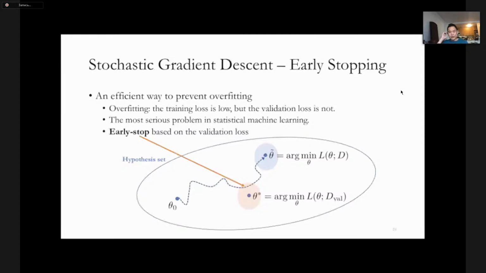And then the idea of early stopping is very straightforward in the sense that we have a gigantic hypothesis set, and we're solving the problem of finding one point in this infinitely large hypothesis space by using a gradient-based optimization algorithm. What you can imagine in your head is that we start from somewhere, theta 0, and then we're going to make a trajectory within this hypothesis set.